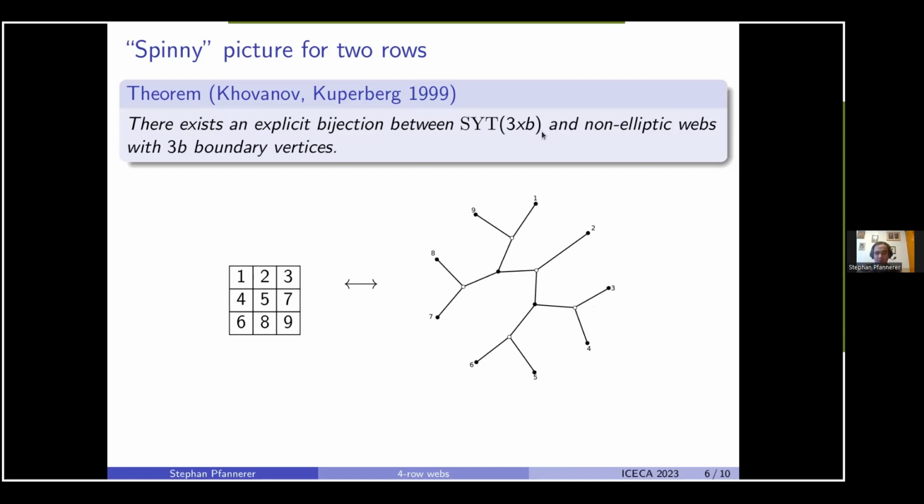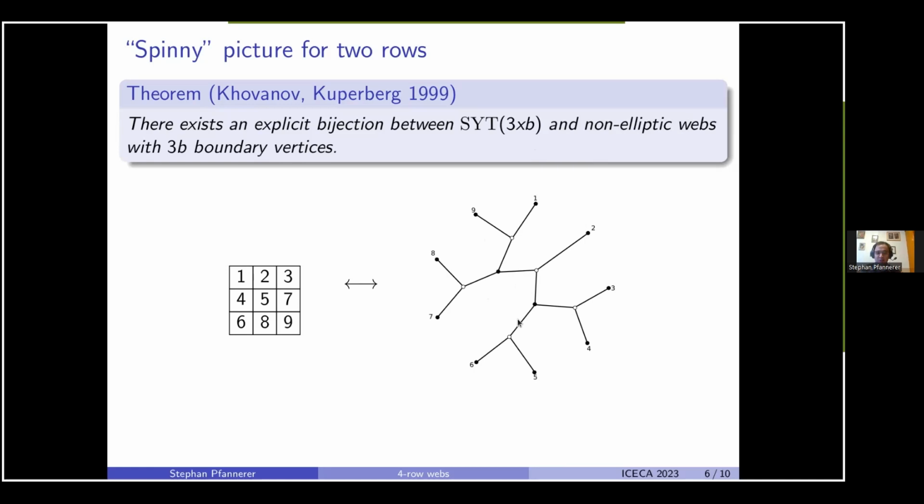The theorem says that we get what are called non-elliptic webs. From all these diagrams that you can draw with 3-valent interior, 1-valent on the boundary and black-white alternating, you take those webs that don't have squares, that don't have quadrilaterals in the middle.